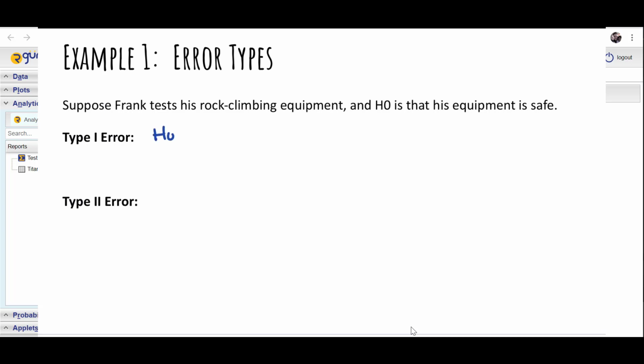So I start off by writing the two statements. The null is that the equipment is safe, and the alternate is that the equipment is unsafe.